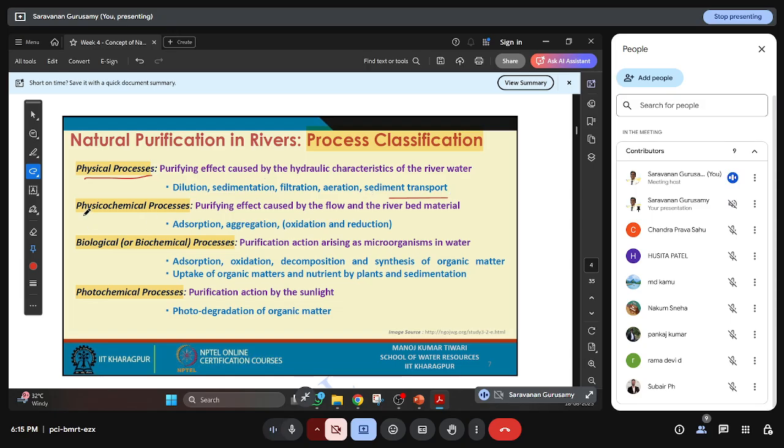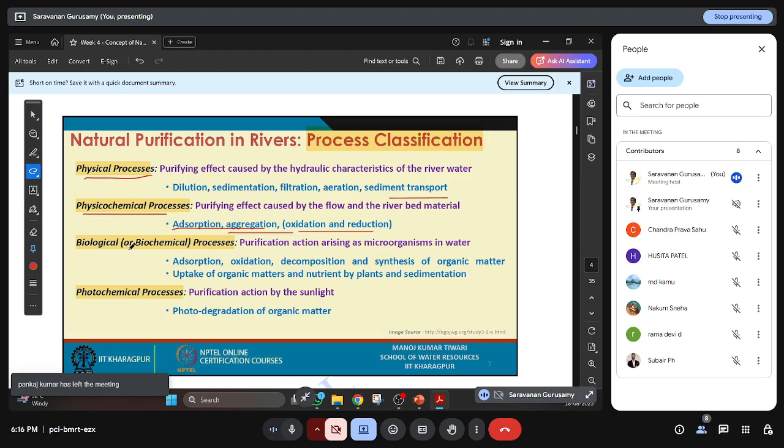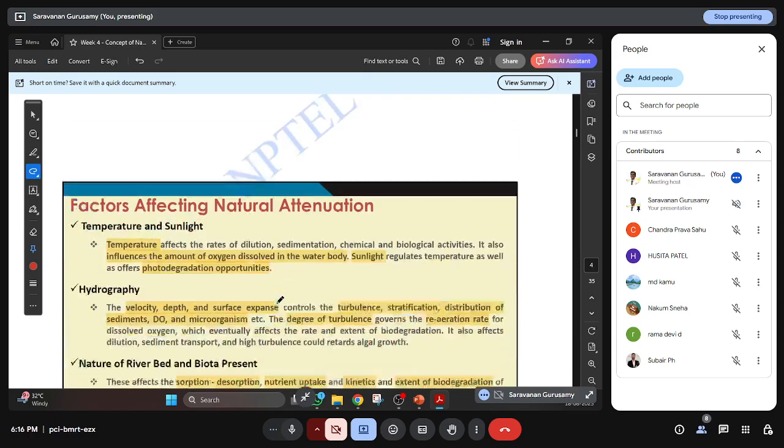There is no need for any chemicals for these processes. It's all happening on its own, with forces helping the process. But physicochemical processes are things like adsorption, because adsorption may follow a charge principle, and aggregation due to a bonding process like oxidation and reduction. These are all physicochemical processes. Then biological processes like oxidation and decomposition, and photochemical processes like photodegradation. So we can classify based on the nature of the process.